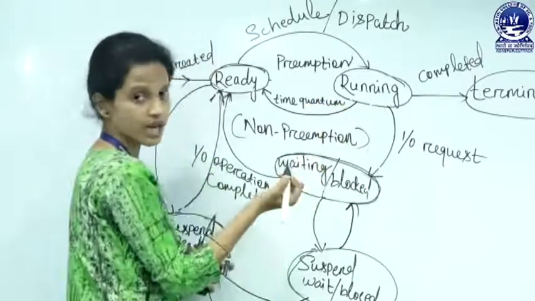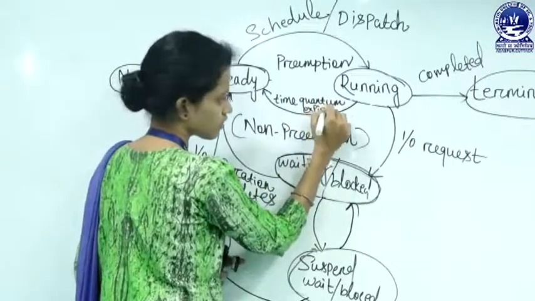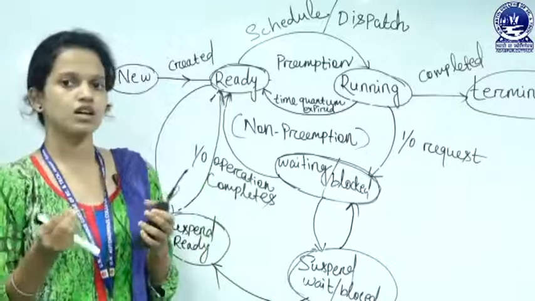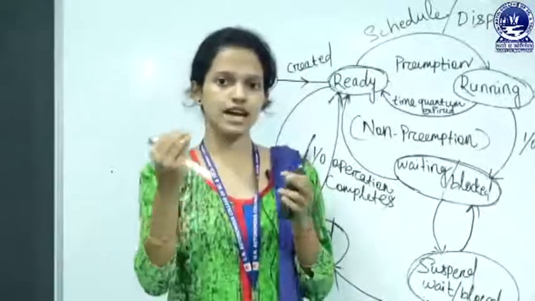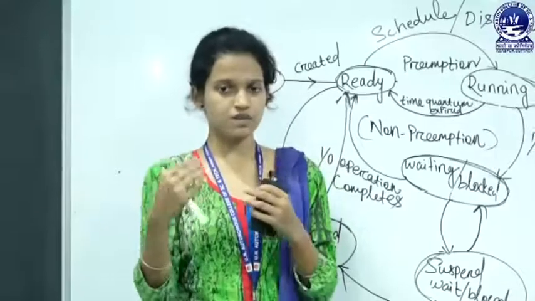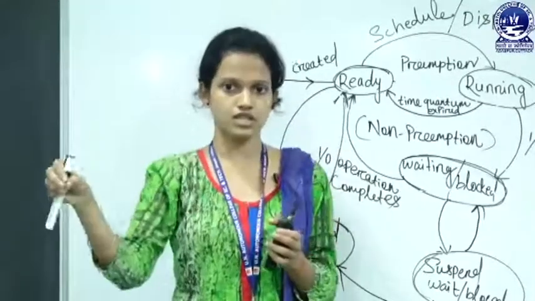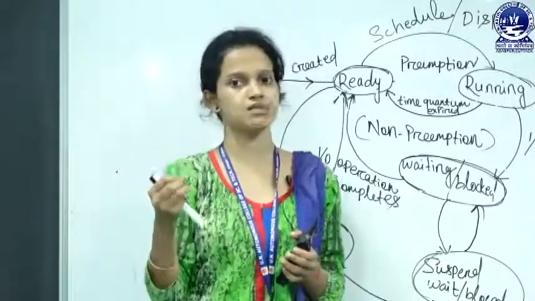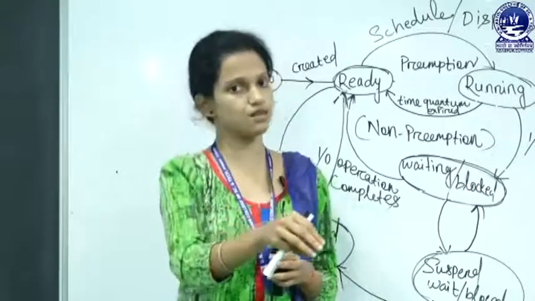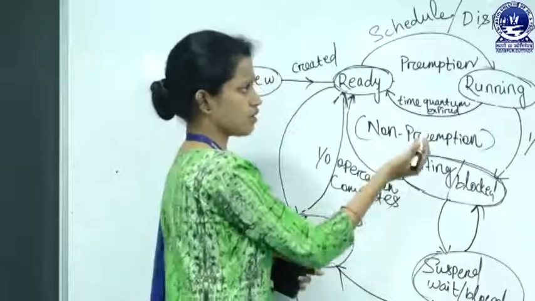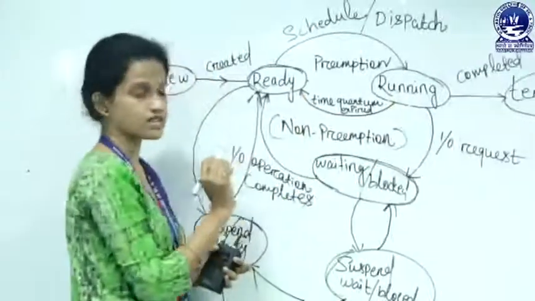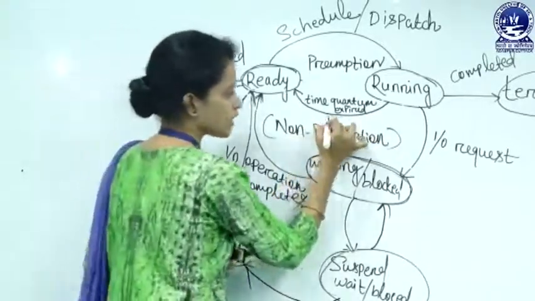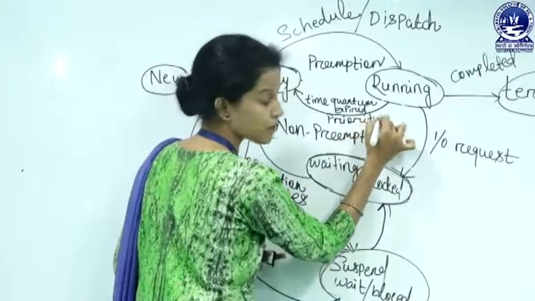Maybe some time quantum will expire. In a multitasking operating system, we give some time quantum, and each process is allocated some time quantum. When the time quantum is complete, the process will be forcefully removed from the CPU and another process will be allocated to that CPU. So maybe when the process goes from the running state to the ready state, some time quantum expired, or another reason may be priority.